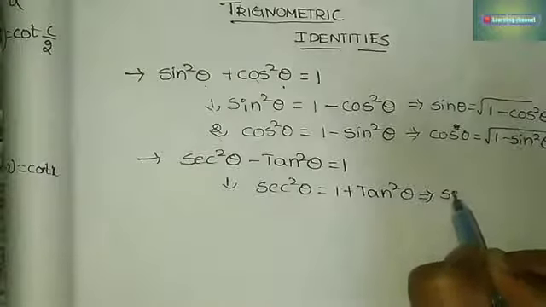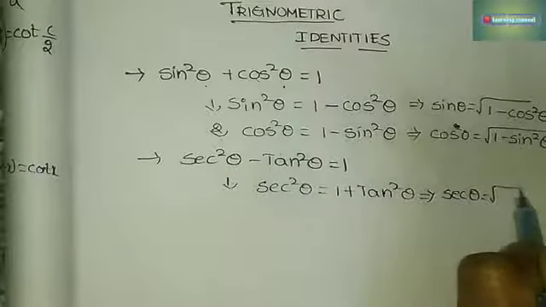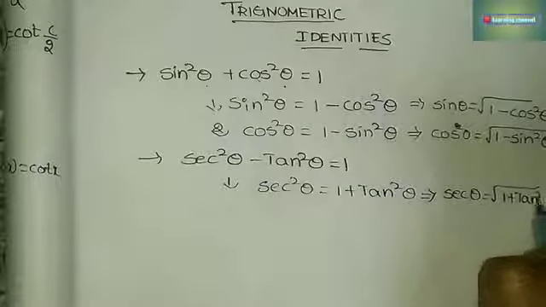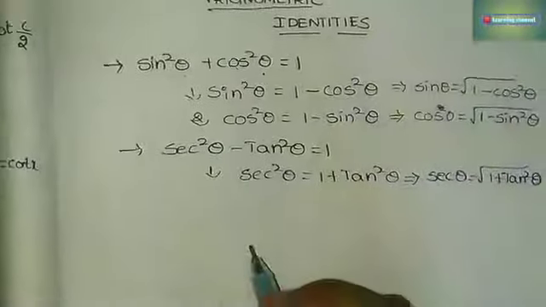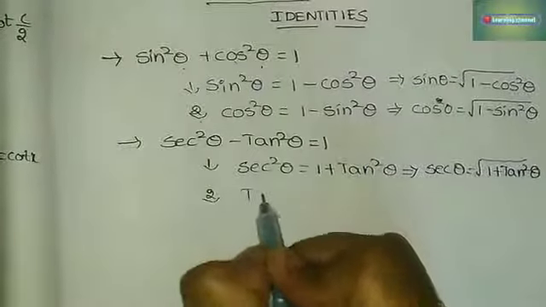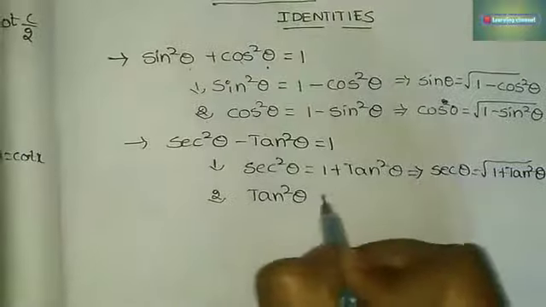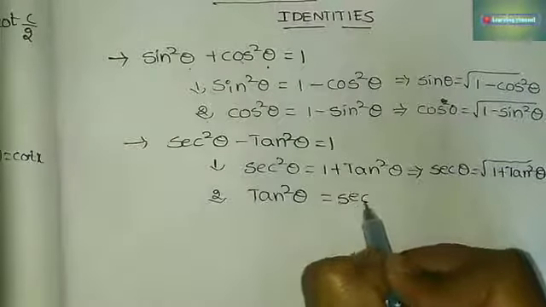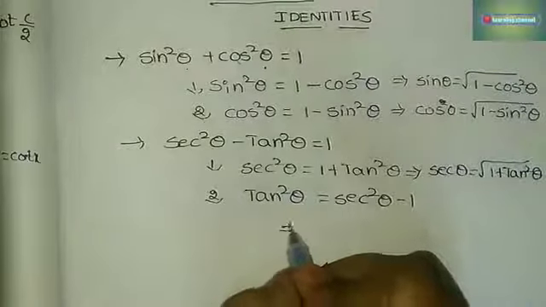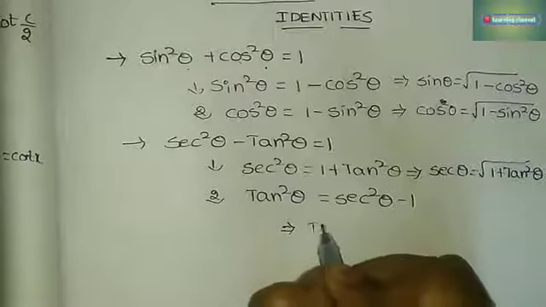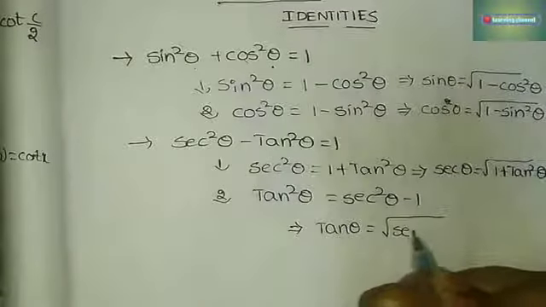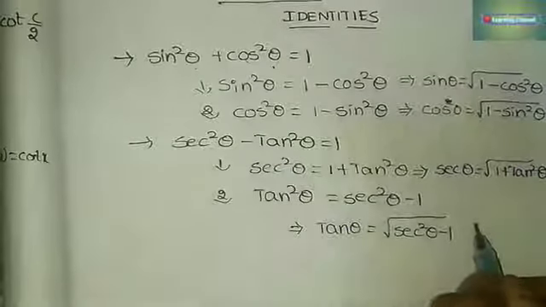And from this we can write secant theta is equal to square root of 1 plus tan square theta. In the next one, the second deduction, tan square theta is equal to secant square theta minus 1. And this also can be written as tan theta is equal to square root of secant square theta minus 1.